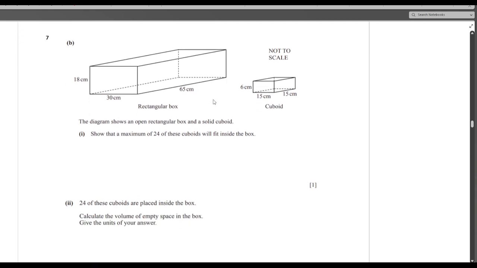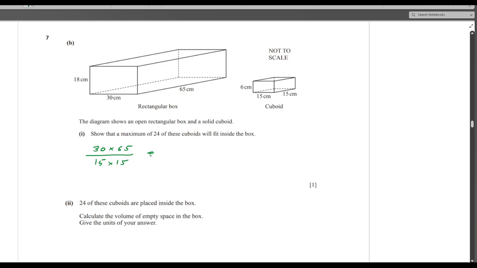Okay, now the diagram shows an open rectangular box and a solid cuboid. Show that a maximum of 24 of these cuboids will fit inside the box. Now if I arrange in one layer, the number of cuboids in the rectangle will be found by multiplying 30 and 65 and dividing by 15 times 15.